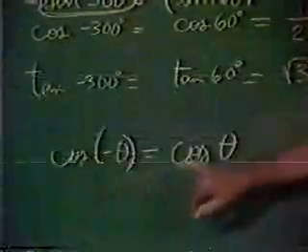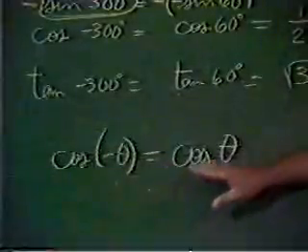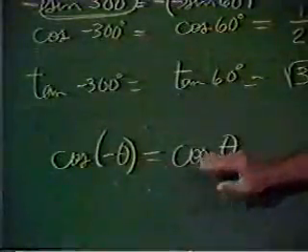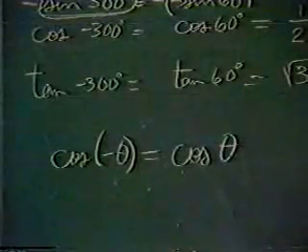If you want the cosine of minus 300 degrees, go find the cosine of plus 300 degrees. If you want the cosine of minus 4 degrees, go look up the cosine of plus 4 degrees. If you want the cosine of minus 313 degrees, just go look up the cosine of plus 313. That's what that says, and it says that you'll get the same answer.